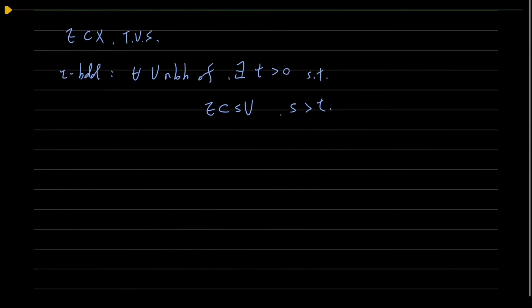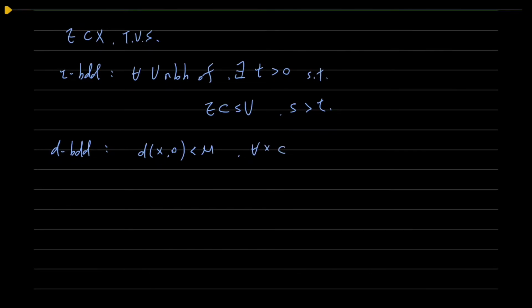But in a metrizable space, we have a metric, so let's write it as d-bounded. And the bounded is very easy. It's just the familiar notion that we have. So we just have d(x, 0) is smaller than some positive number for every x in the set E. Then it is bounded.